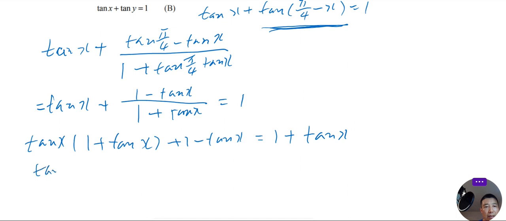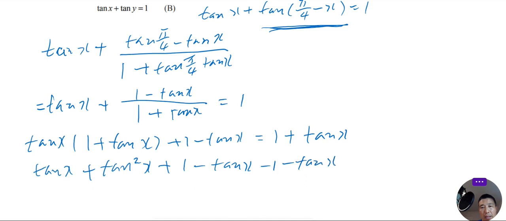So tangent x plus tangent squared x plus 1 minus tangent x minus 1 minus tangent x equals 0. Simplifying, one tangent x is gone, and 1 and minus 1 cancel.